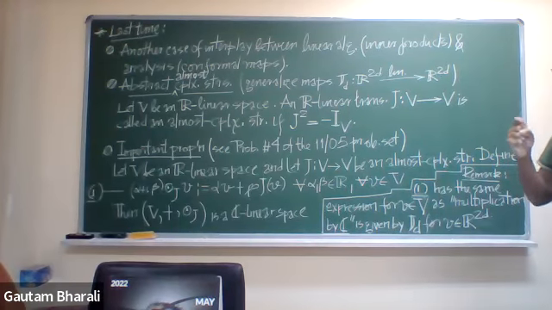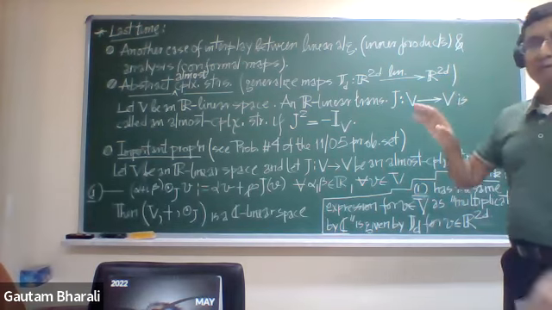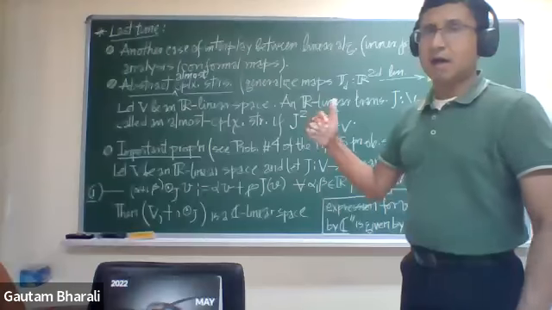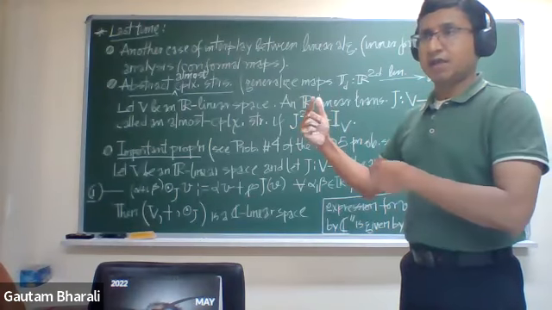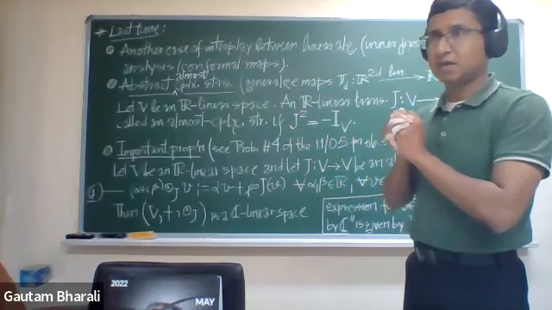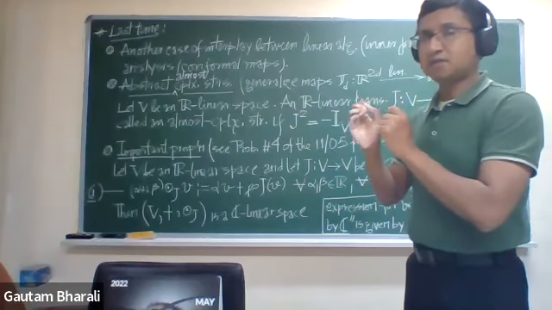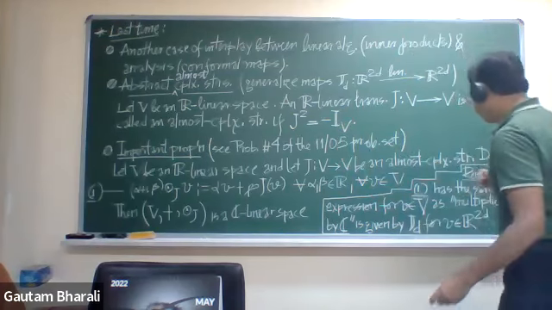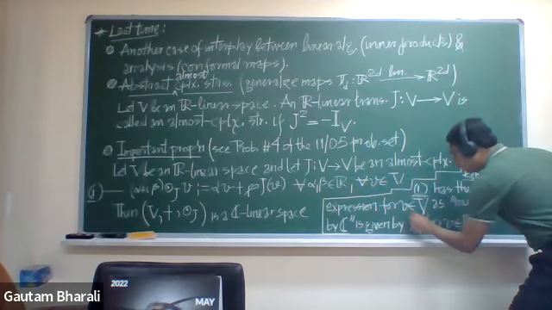Then the multiplication of any Zj by I is identified with the pair of real numbers minus Yj, comma, Xj.